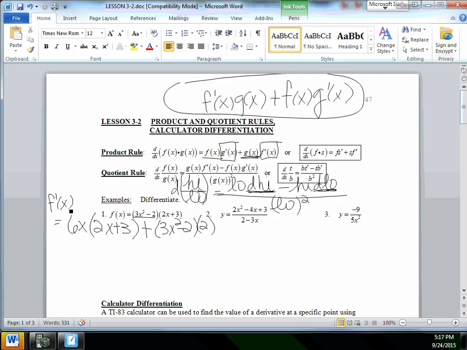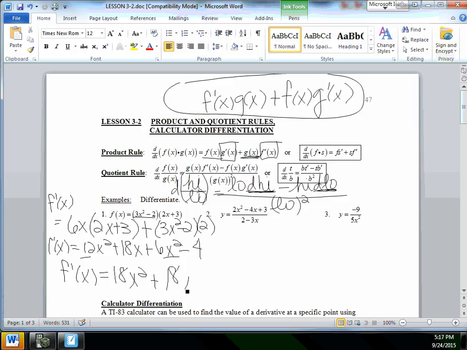So now you need to clean things up. You need to FOIL in. So we have 12x squared minus 18x plus 6x squared minus 4. Now add like terms, and we get 18x squared plus 18x minus 4. And there is the derivative.